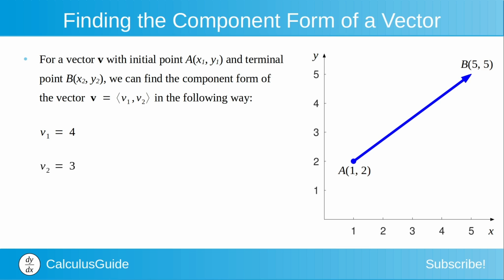So the component form of the vector V shown to the right is ⟨4, 3⟩. We can represent this vector in standard position by setting the initial point to be (0, 0) and the terminal point to be (4, 3).